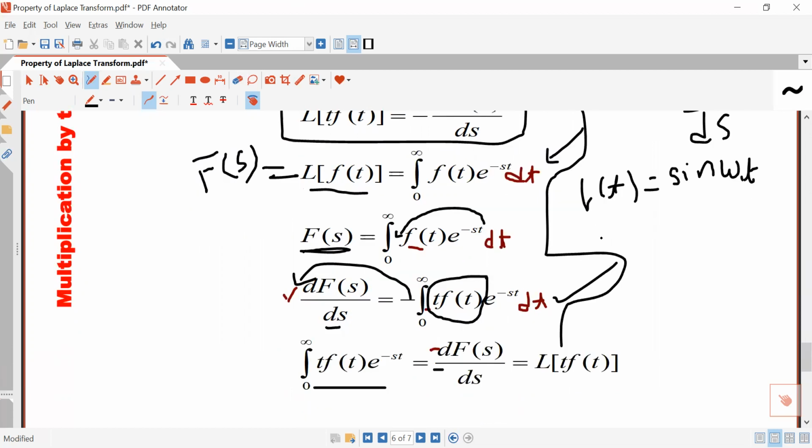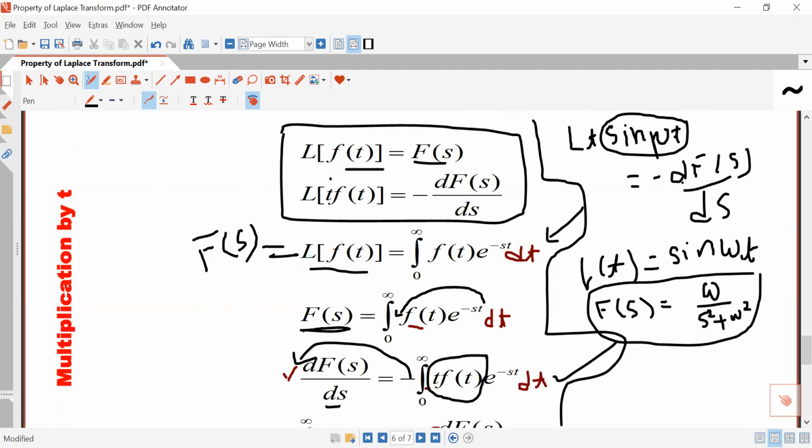The Laplace transform of sin(omega t) is given by the expression F(s) equal to omega by s square plus omega square. So you just have to differentiate this expression with respect to s to get dF(s) by ds, and keep the minus sign also. In this way you can get the Laplace transform of t sin(omega t). This property is very useful to find the Laplace transform of various other functions which are multiplied with t.